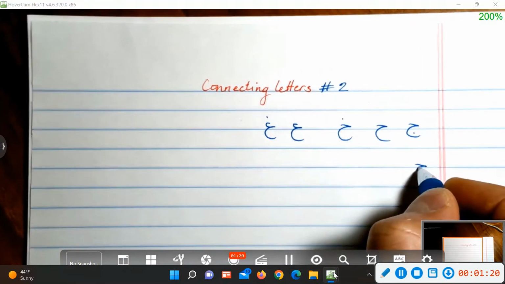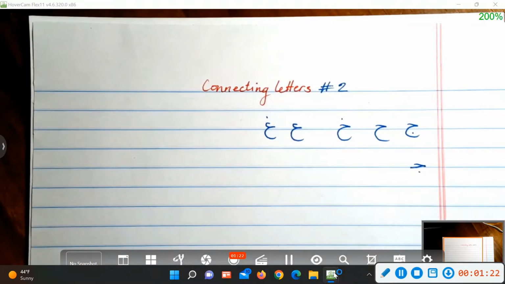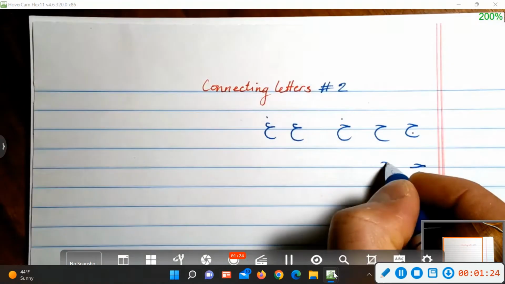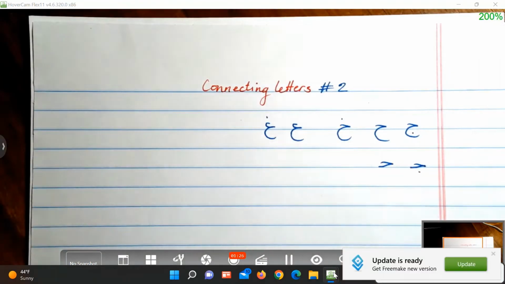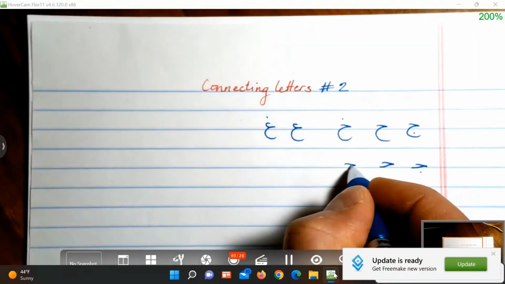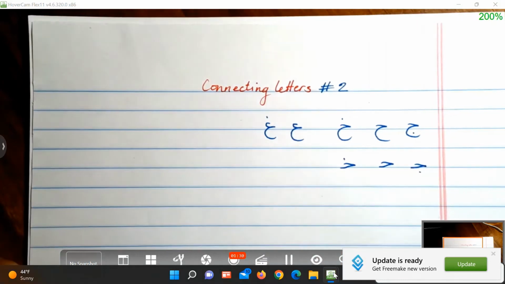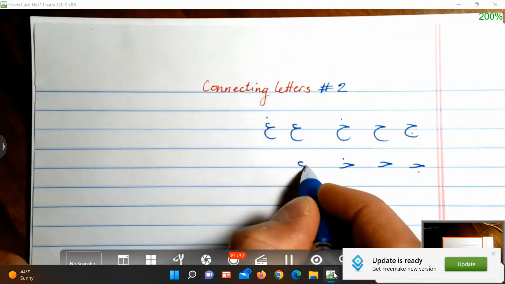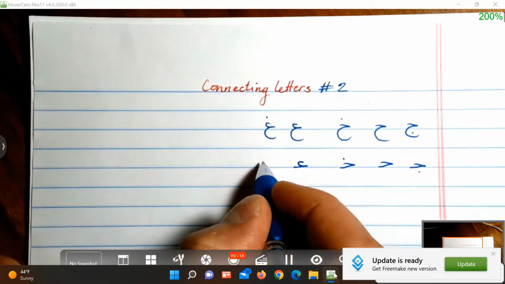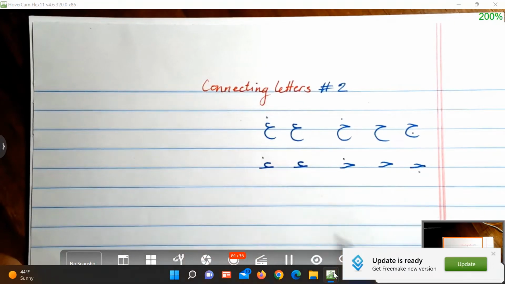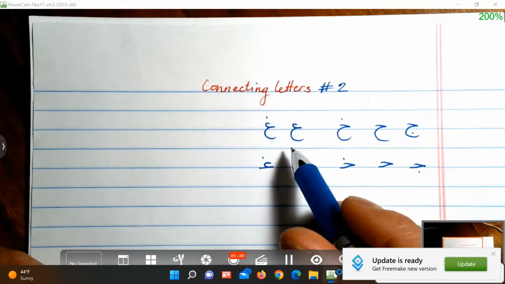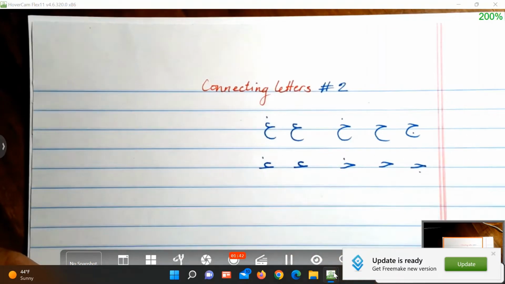Jim becomes like that. Ha becomes like that. Kha becomes like that. Ayn and ghayn. So we always keep the head only and we forget about the tail.